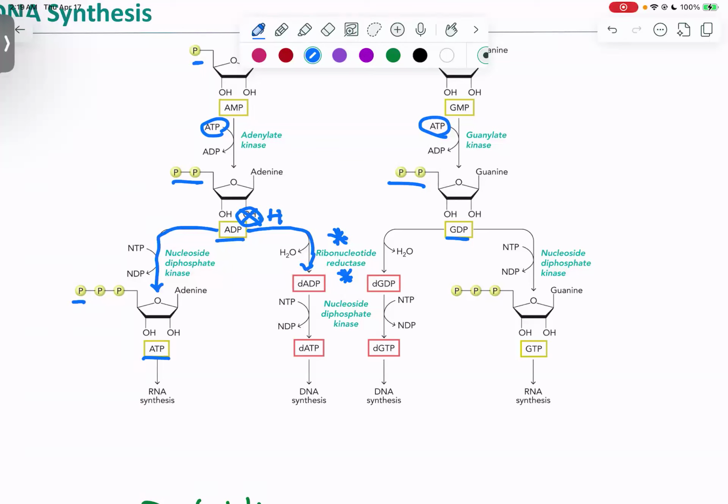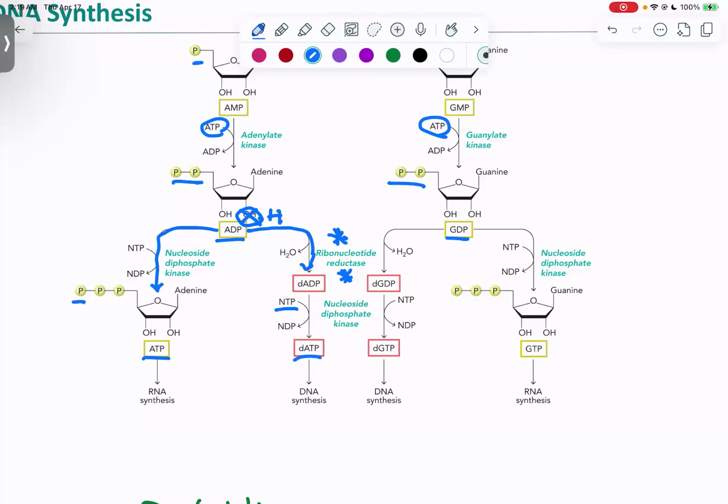This is going to be an extremely important enzyme, and we'll talk about it over and over again. Once we convert that to a deoxynucleotide, we do the next phosphorylation step, which happens with basically any trinucleotide that has an extra phosphate. So then we have dATP, and we can make DNA.